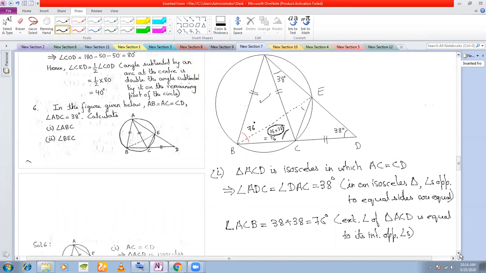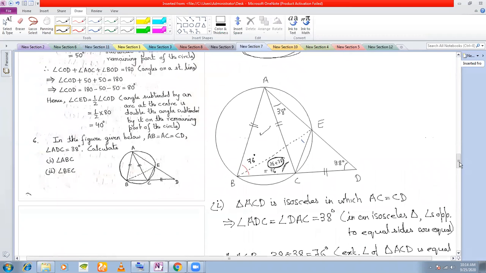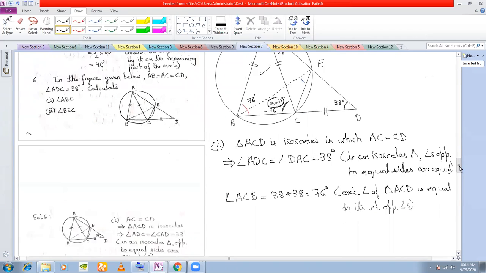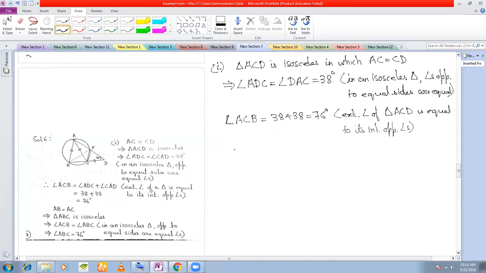Now we consider the triangle ABC, the triangle that is inside the circle. If you see in this ABC, AB is equal to AC, so therefore angles opposite to these two sides must be equal. So triangle ABC is isosceles in which AB is equal to AC.